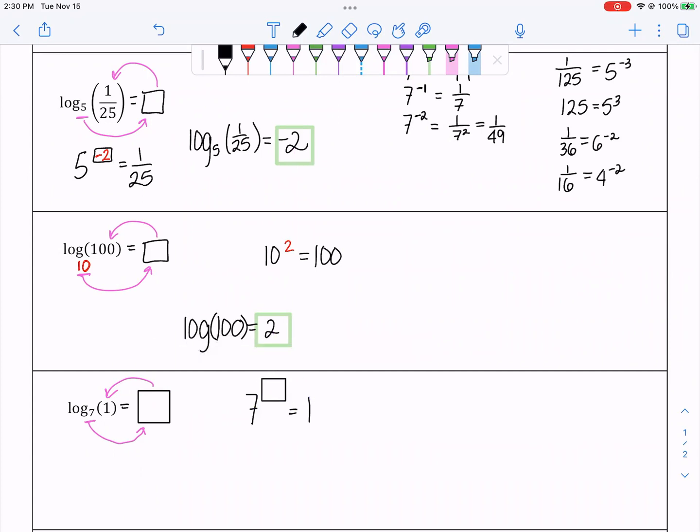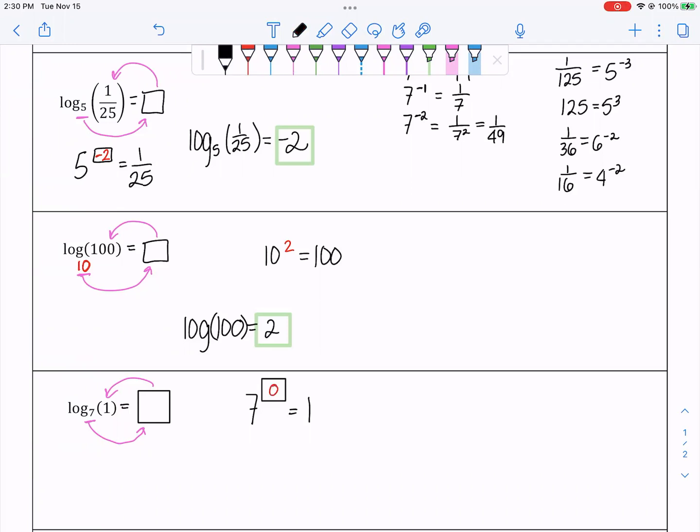Well, the only thing that we can raise any number to in order to make it 1, besides 1 itself, which is always going to be 1, is 0. If we raise something to the 0th power, it is equal to 1.